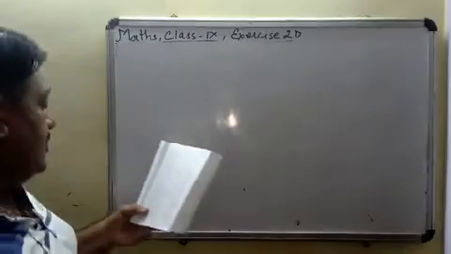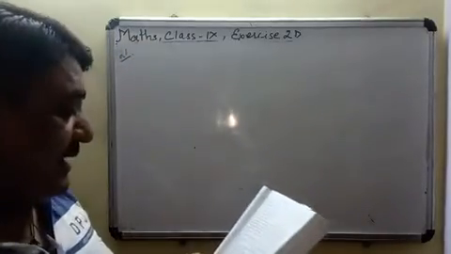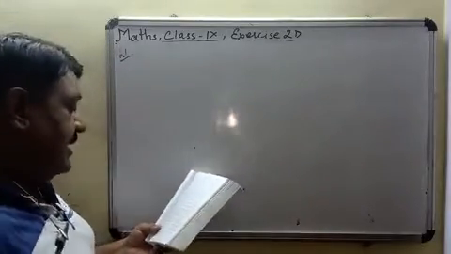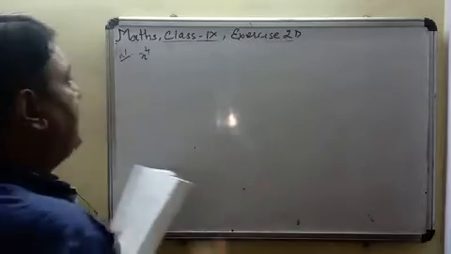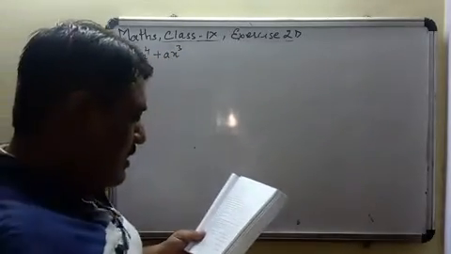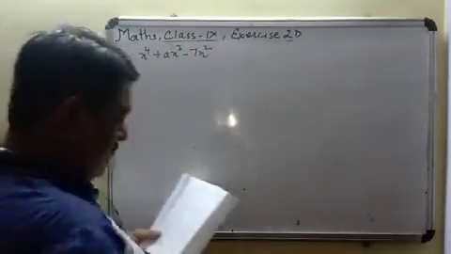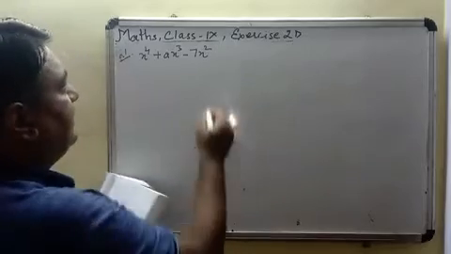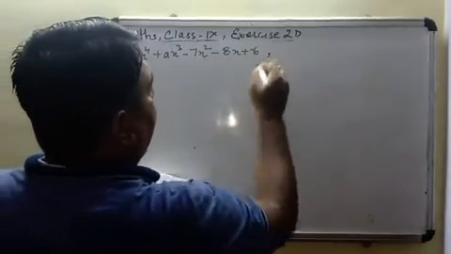So coming on to the question number 21, it is saying that there is a polynomial x power 4 plus ax cube minus 7x square minus 8x plus b. It is having two factors.